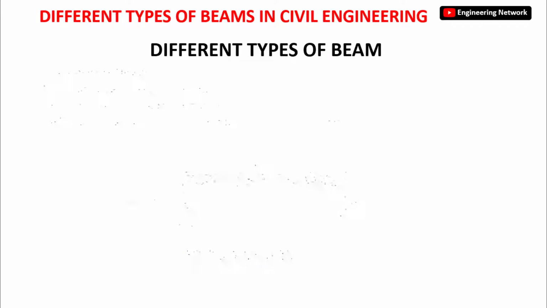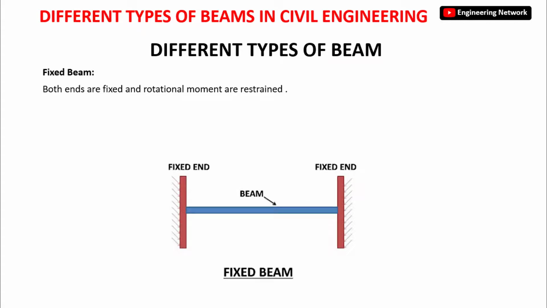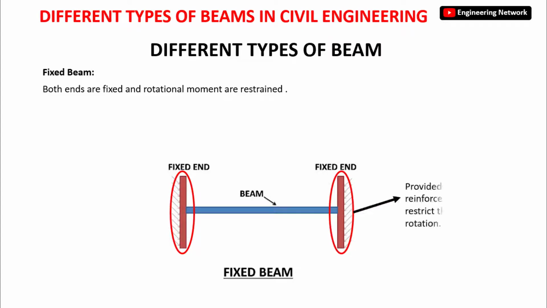Fifth type of beam is fixed beam. So fixed beams are those whose both ends are fixed and rotational movements are restrained, which means fixed beams cannot rotate at supports, right? Now if you look at the picture of the fixed beam on your screen, these fixed connections are provided with reinforcement to restrict the end rotation.